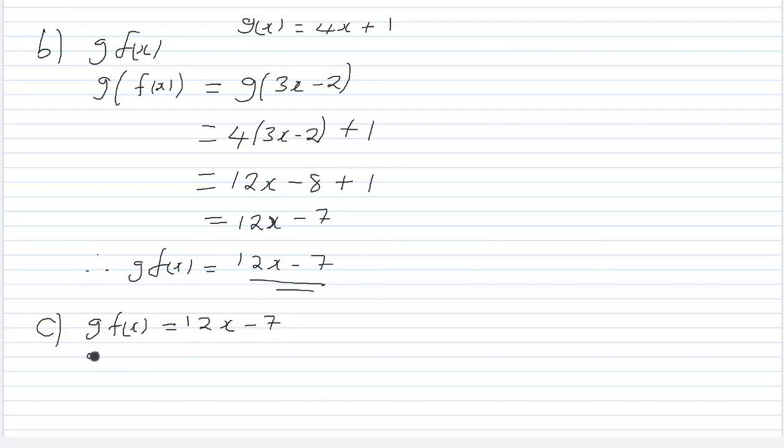So now, for us to get g of f of negative 2, it means that where there is x in this one here, we replace with negative 2. So we have 12 times negative 2 minus 7. So 12 times negative 2 is negative 24, minus 7.